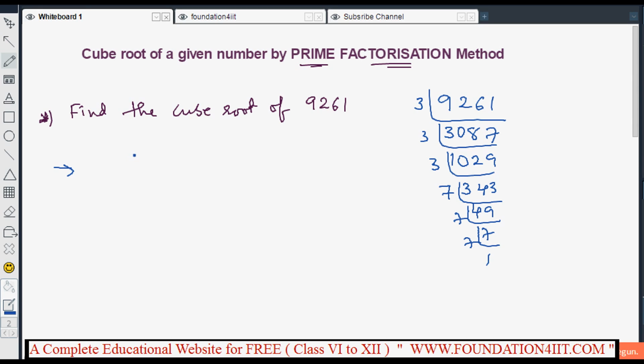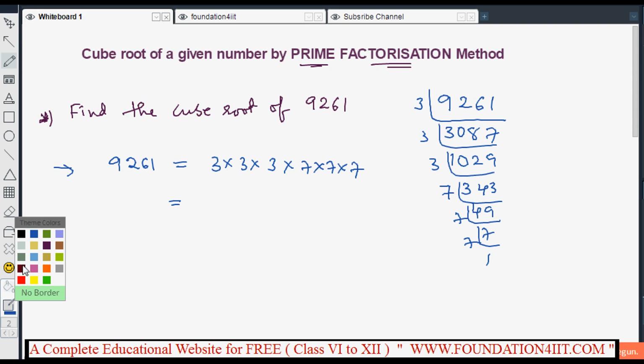Now the second step is we need to make groups in triplets of similar factors. Okay, so after making this, 9261 is the product of all these prime numbers: 3 into 3 into 3 into 7 into 7 into 7. If you multiply again you'll get 9261. So we should write 3 3 3 as one set.